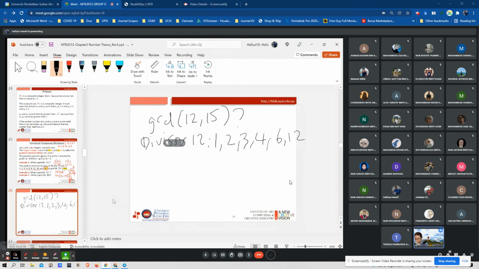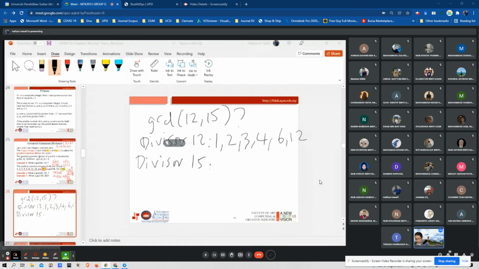Okay, then we find the divisors of 15. Once again, 1 divides every integer. 2 does not divide 15 evenly.